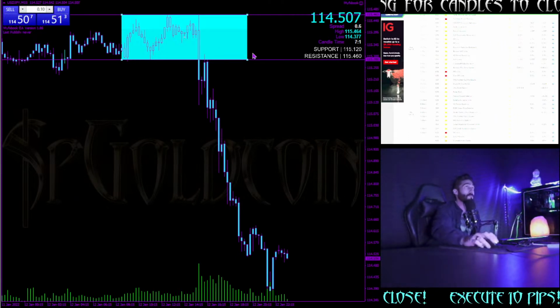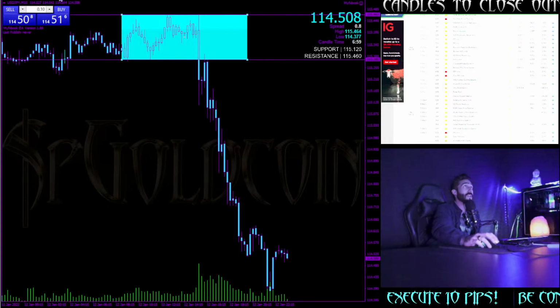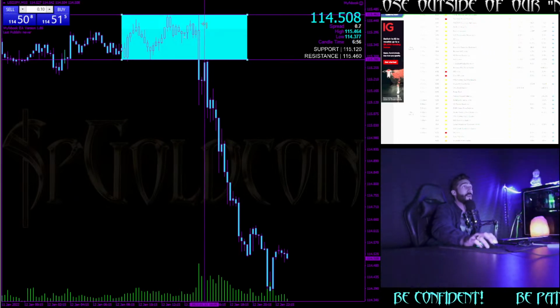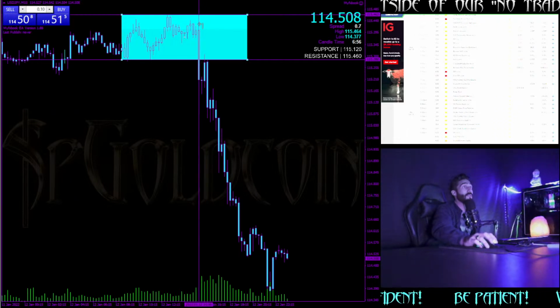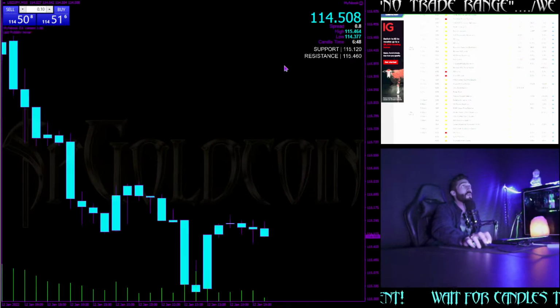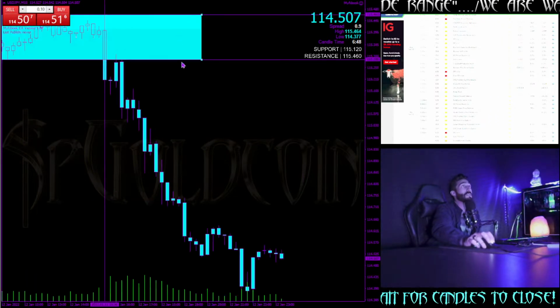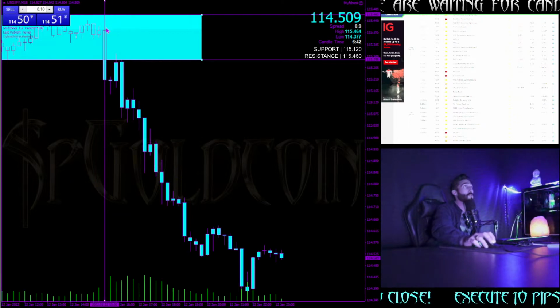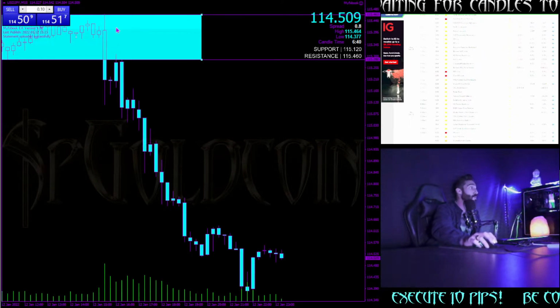In between that area, we're waiting for the candles to either break above and close or break below and close. Well, in this case, at 8:30, whenever the price finally started pushing through, it retested our major resistance level at 115.463, but you could see we rejected.